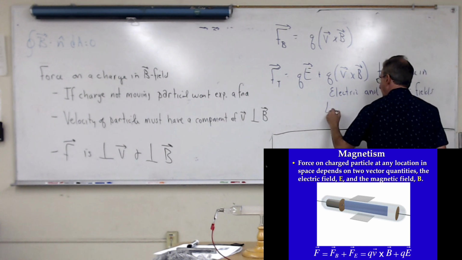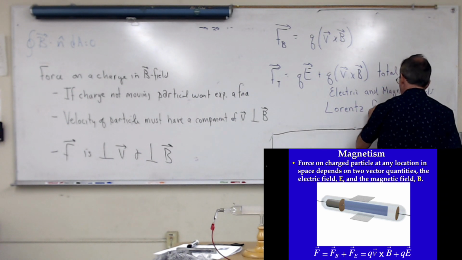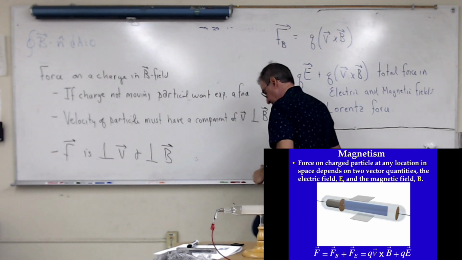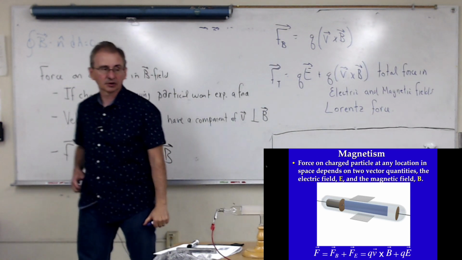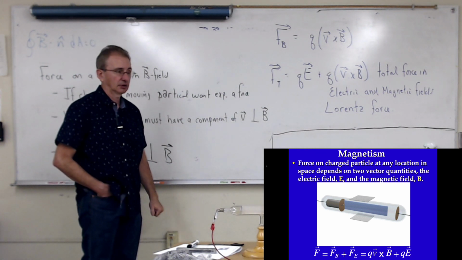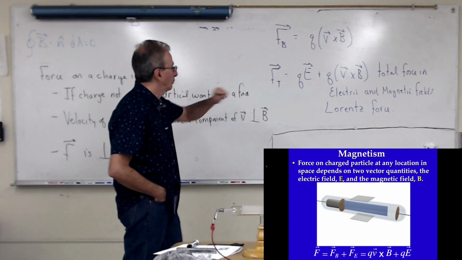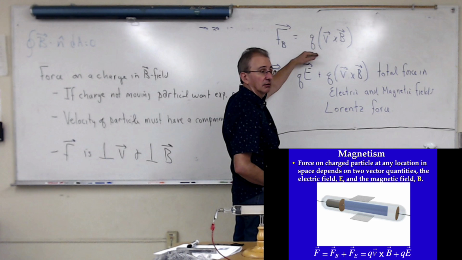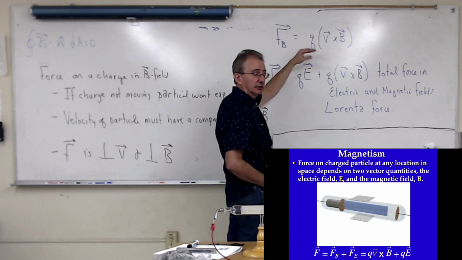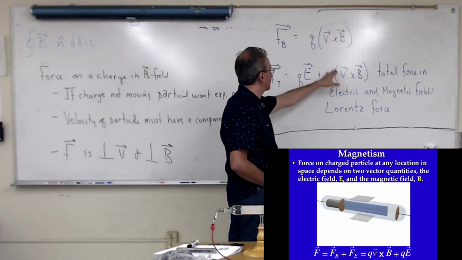And this is called a Lorentz force. Okay, that's called a Lorentz force. But we're going to focus on this for now. The force on a charged particle in a magnetic field. The total force is just our old Q times E plus this one.